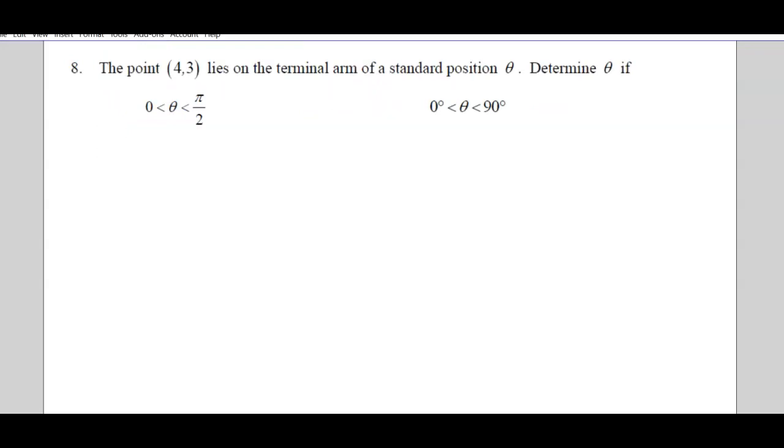For some reason we skipped 7, or 7's at the bottom, the numbering got messed up there. So the point (4, 3) lies on the terminal arm of a standard position angle, determine theta, if theta is between 0 and pi over 2. So again, you can do a little sketch.